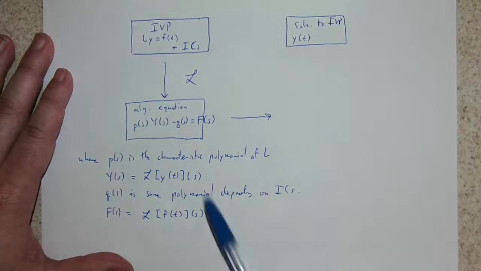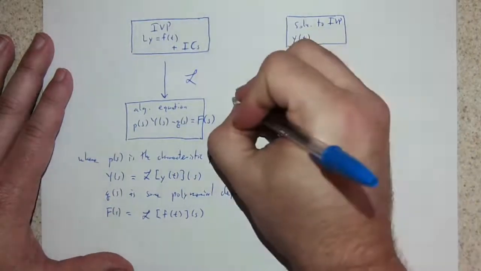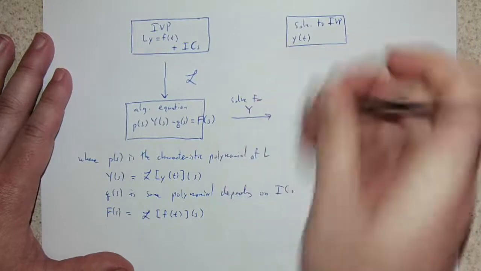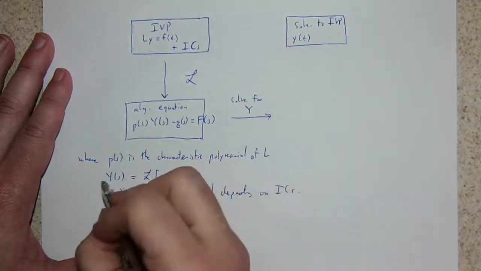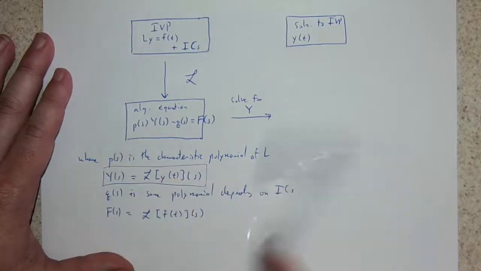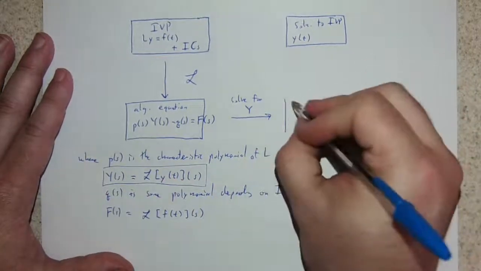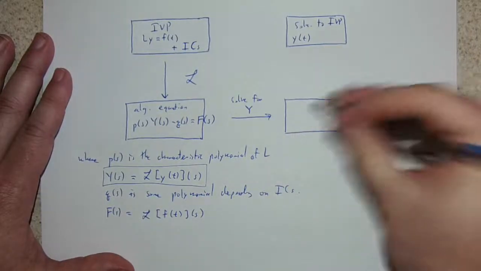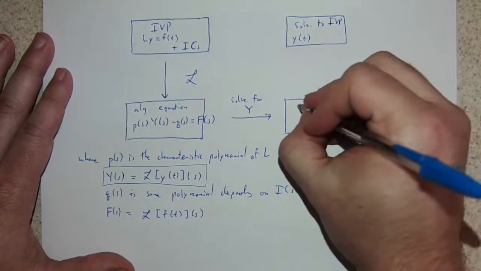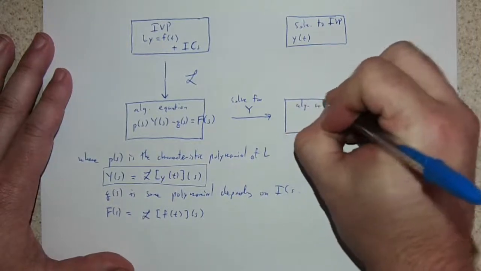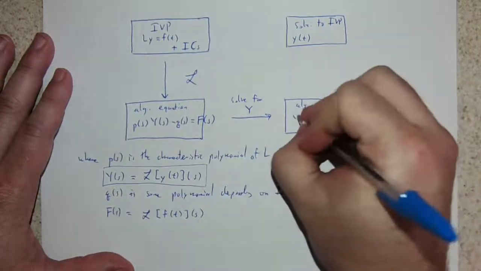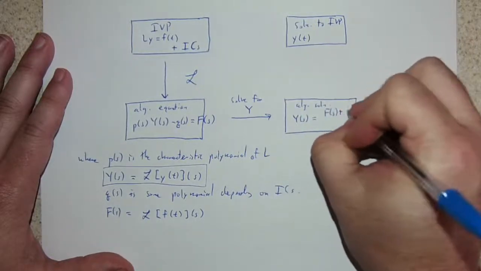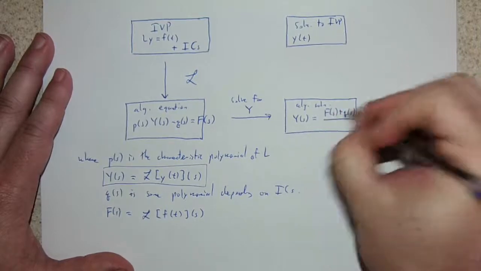I solve for big Y, the Laplace transform of little y, which leads me to an algebraic solution to this equation, which is big Y of s is equal to F of s plus Q of s over P of s.